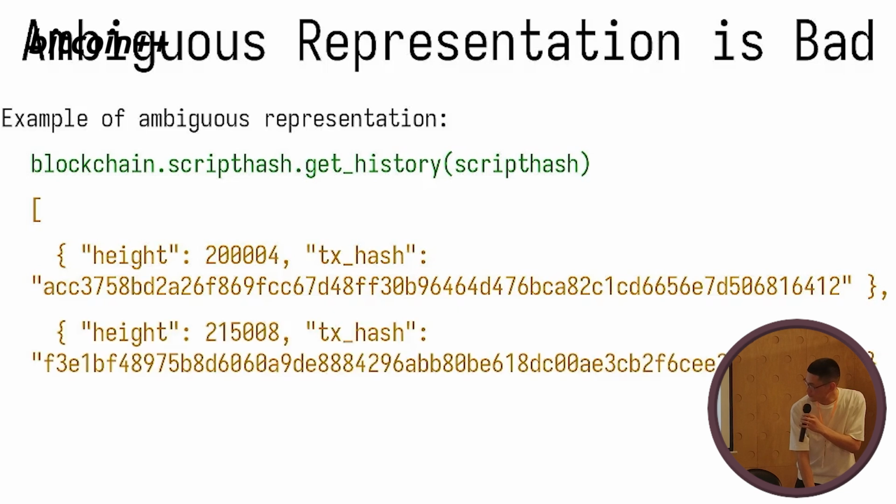It's a very useful method. You give it a hash of the script pubkey and it returns the transaction hash and a height. But the height is ambiguous because Bitcoin is an open network, you might have reorgs. So there might be heights where the block hash is completely different.